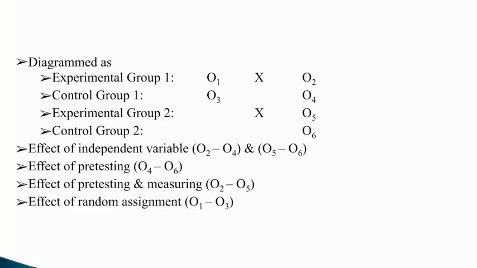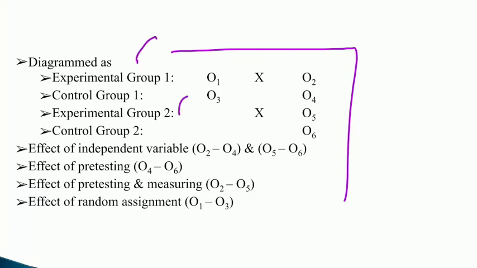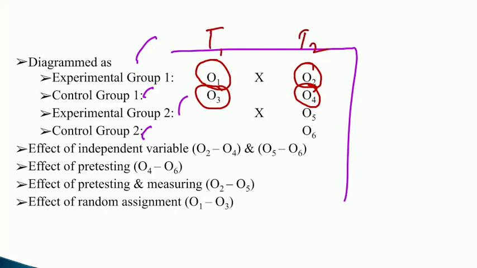Now, this diagram will make this four group design clearer. As you can see here, we have four groups. That's why it is called the Solomon four group design: experimental group 1 and 2, then control group 1 and 2. Experimental group 1 has a before observation and then an after observation. The control group also has before and then after, with a time period in between, maybe T1 and T2.